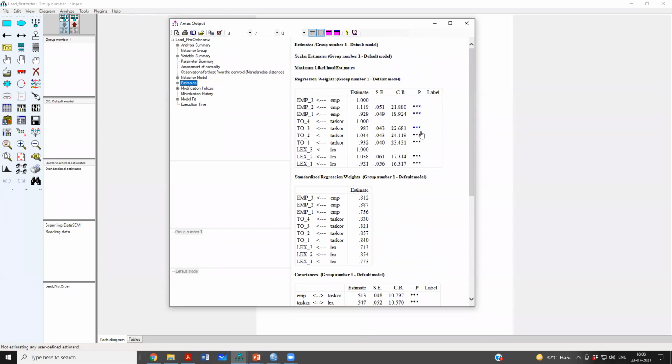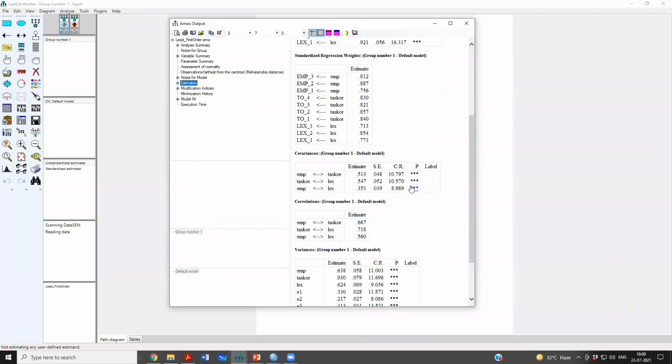Whether they are significant or not, you can check from this p-value. A triple star indicates that p is less than 0.001. Then we have the covariances between the three factors: EMP, task orientation, LEX, EMP and LEX.